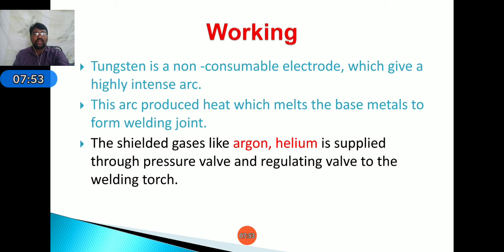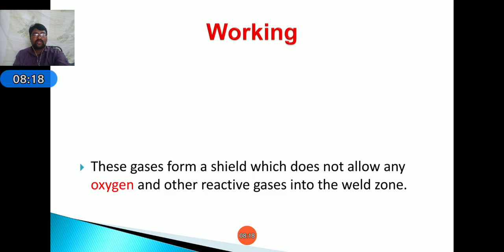Next, the shielding gases like argon and helium are supplied through the pressure valve and regulating valve of the weld torch. By regulating the pressure valve and the regulating valve of the welding torch, the flow of shielding gas into the welding area is controlled.